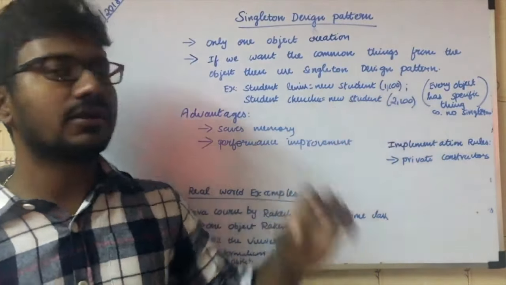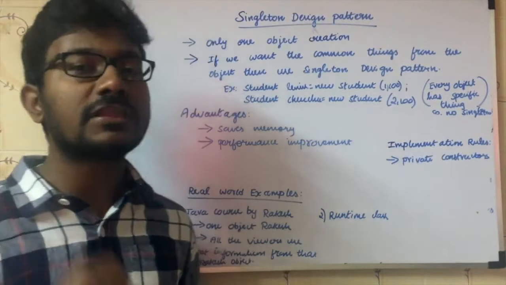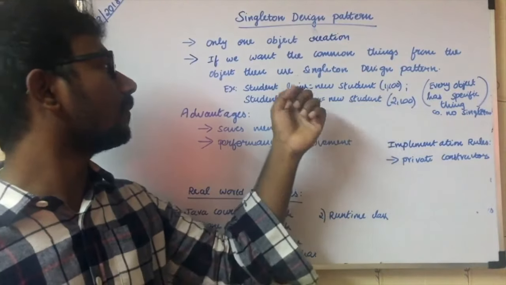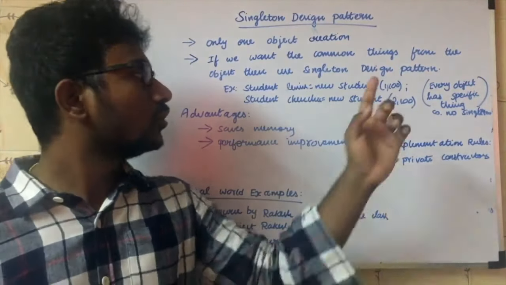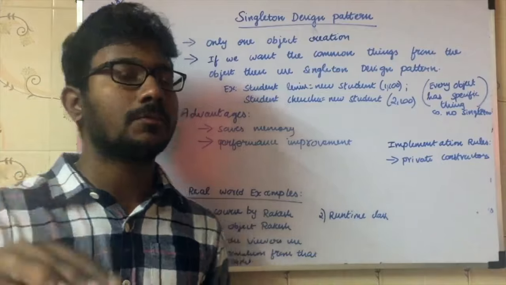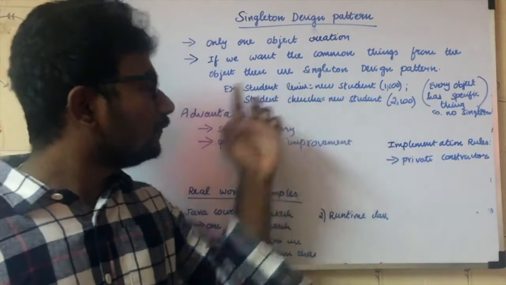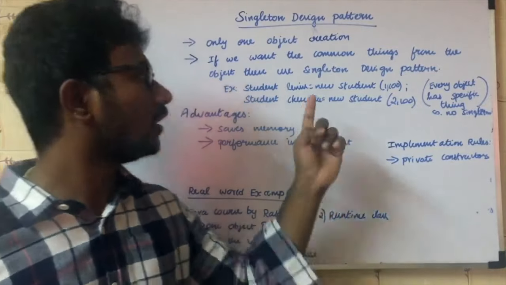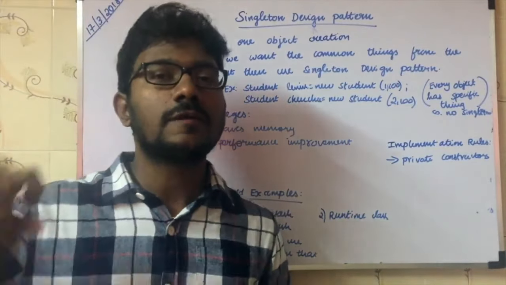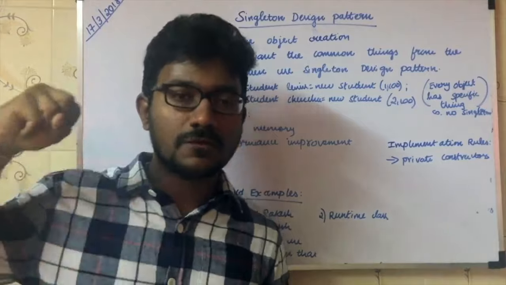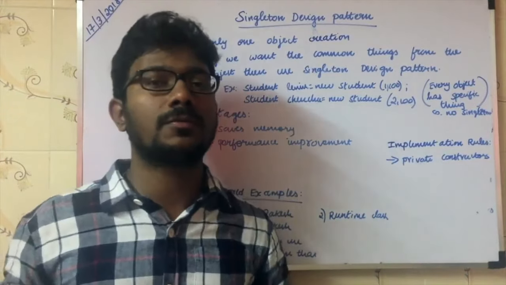Here 1, 100 are the specific properties for the Lenny object. 2, 100 are the specific properties for the Chenchu object. So we shouldn't use Singleton for these use cases, because if the object has its own or specific properties, then we shouldn't use Singleton.